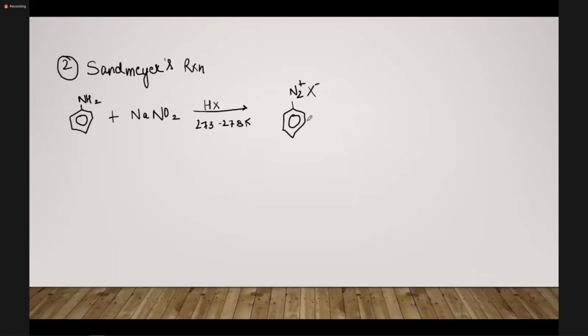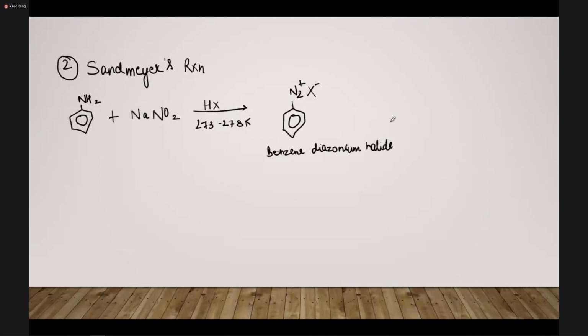And this compound is known as benzene diazonium halide, depending upon which halogen. If X is Cl, then we will call it as benzene diazonium chloride. Okay. So this is the first step of this reaction, of the Sandmeier's reaction.